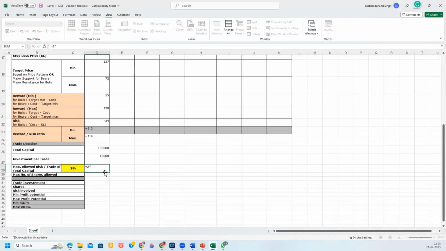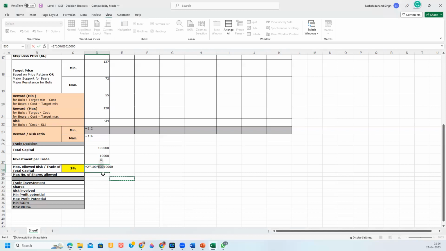So 0.02 multiplied by 10,000. Maximum allowed risk.